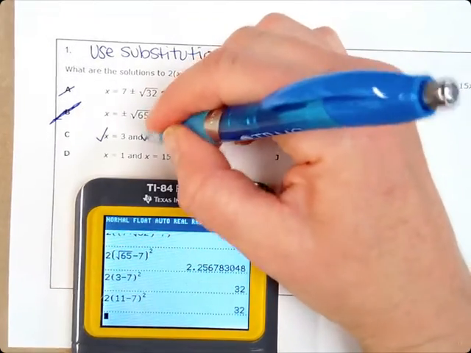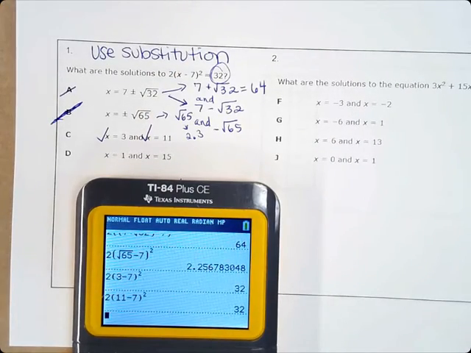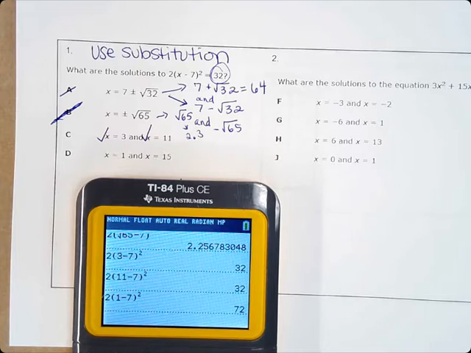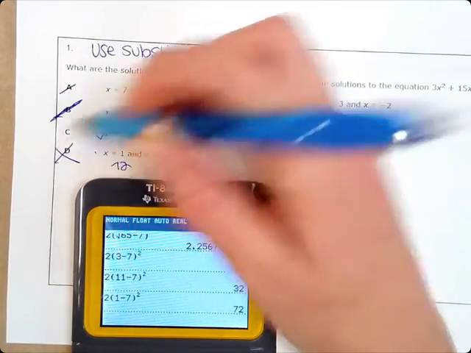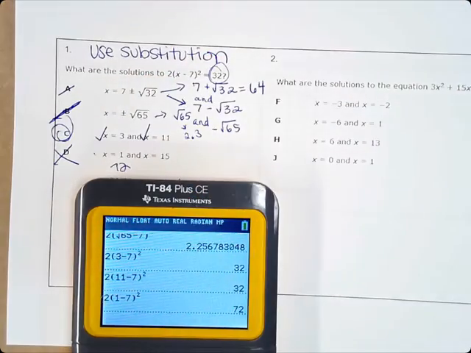And that one works. And just for fun, we'll do the other one. 1 minus 7 squared. That equals 72. So we know that that's not it. So C is the correct answer.